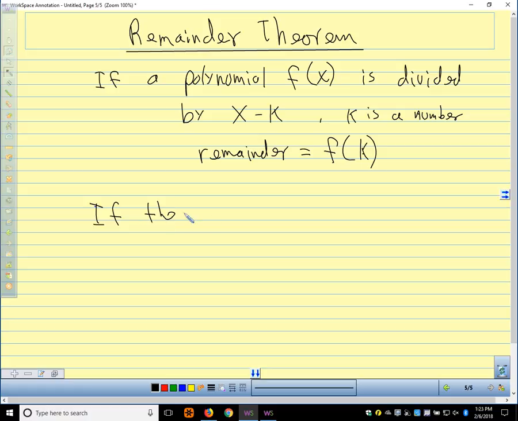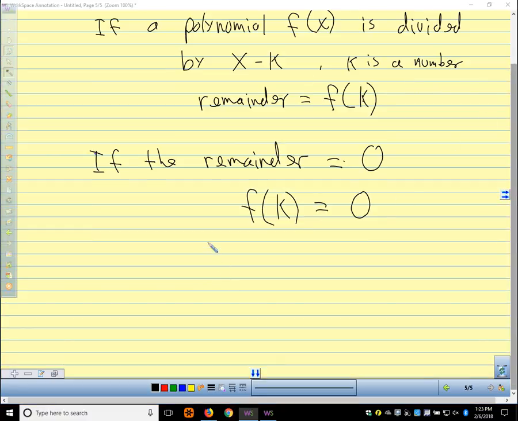If the remainder equals 0, what does the remainder theorem tell us? F of k equals 0. That tells us that k is a 0 of f of x.